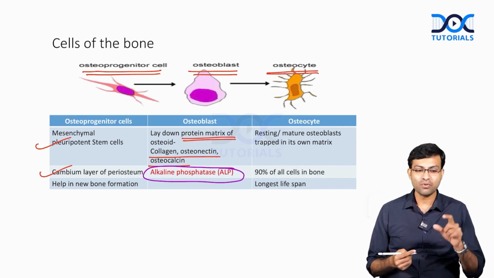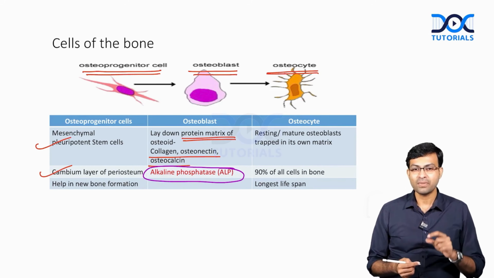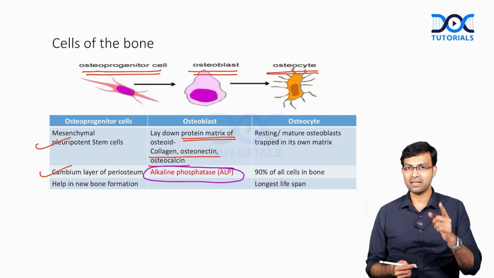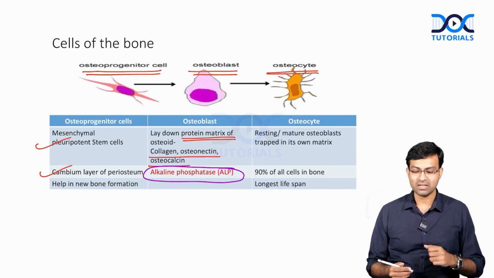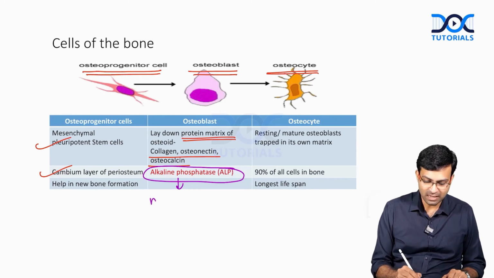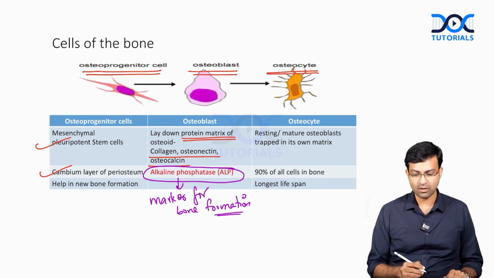So if you take the blood sample of the patient and you measure alkaline phosphatase and it is increased, what does that mean? It means that there is increased bone formation. So alkaline phosphatase is a marker for bone formation. Okay, we'll discuss about that later also.